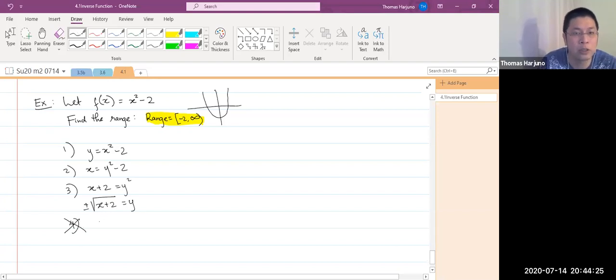Okay, I cannot go on with step 4 because f inverse x is not a function. Okay, it's not a function. But we still can find the domain of this inverse though.